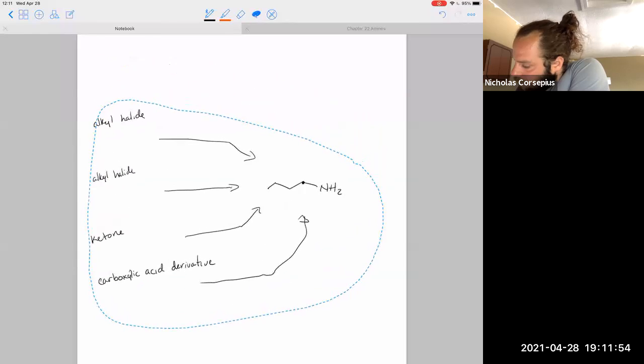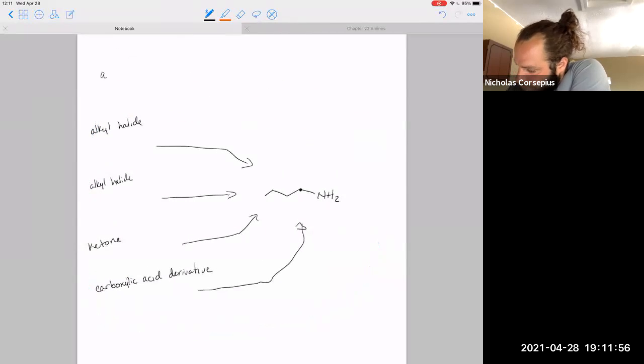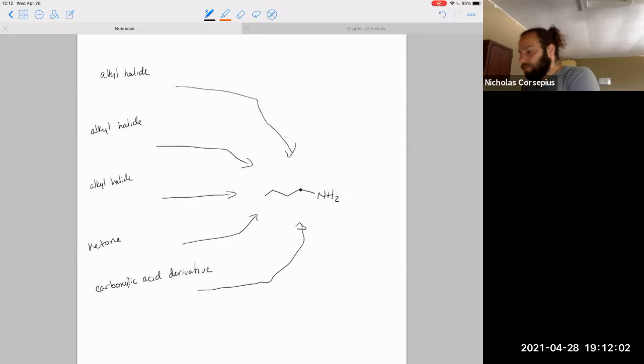Actually, I have one more that we already knew that also starts with an alkyl halide. All right, so I'm going to give you guys a few minutes to complete that, and then I'll go in and give you the answers.